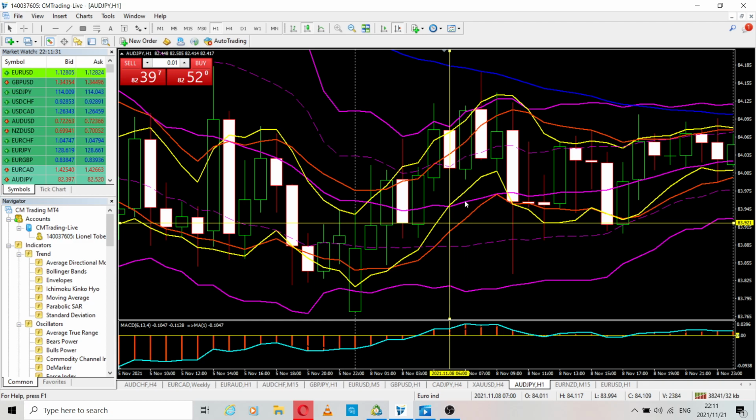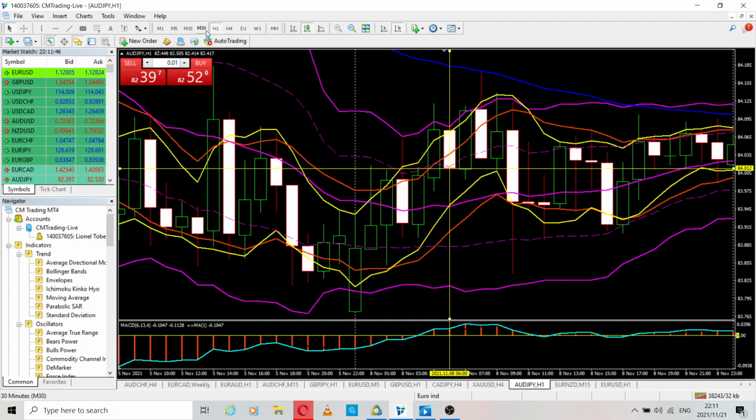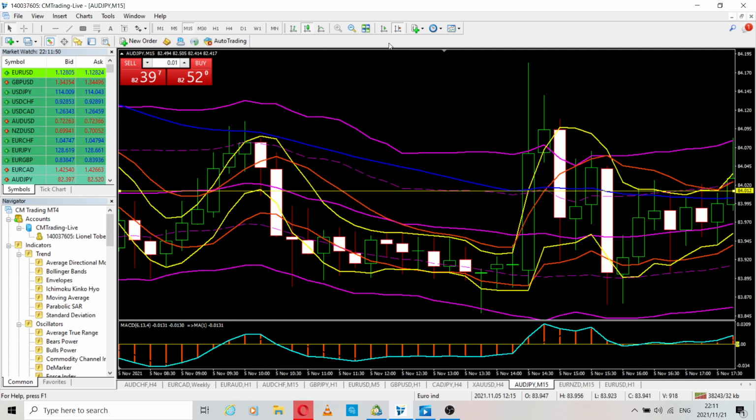So let's check out this one, because remember we just wanted to see an extreme. So we saw the extreme in this candle here. So when we see an extreme in this candle, what we do is we go to a lower time frame, which is 15 minutes.